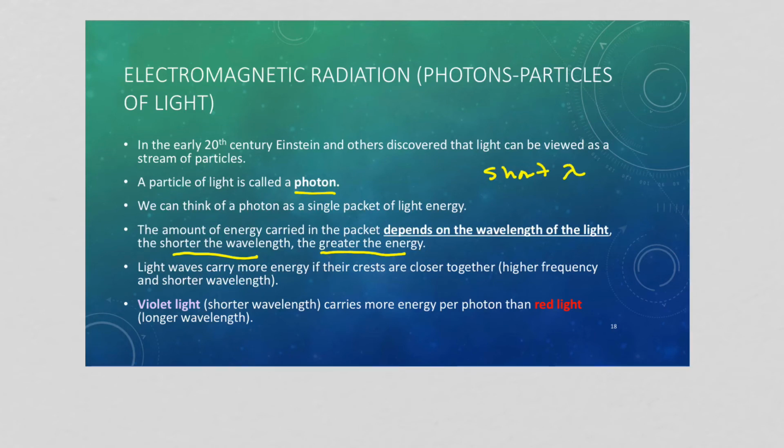We saw in the last slide that means we have a high frequency, but it also means we have a high energy. So short wavelength, high frequency light has higher energy, as opposed to longer wavelength, lower frequency, that's going to be lower energy photons. So invisible light, violet light, is the most energetic. Red light is the least energetic.